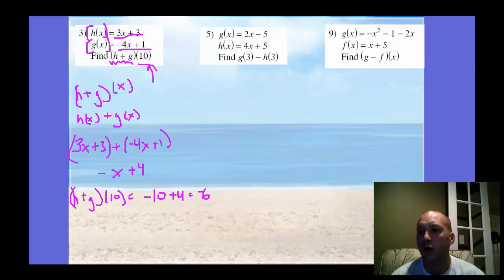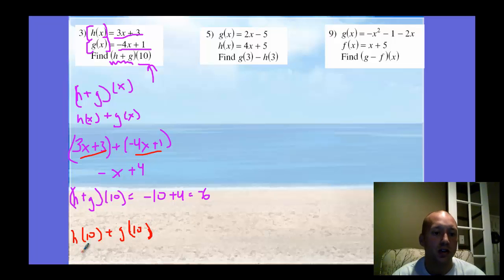We could have found that same answer by, instead of adding the two functions together, plugging in h of 10 plus g of 10, plugging 10 in for x in both functions. If we show that, we plug 10 in for h of x and get 33, plus plug 10 in for g of x and get negative 39, and you combine those, you get negative 6. So it's the same answer either way.